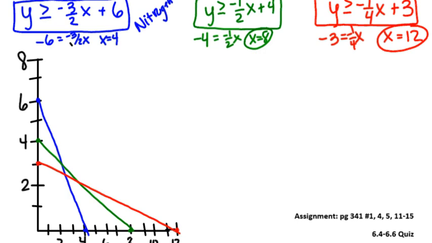So, in terms of what part am I shading, they're all greater than, so I need to shade above the line for all of them. Which means my area exists using these lines as its border, getting as close as you can to them without going over, and then everything up and beyond.